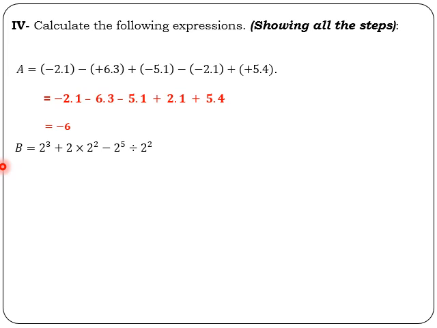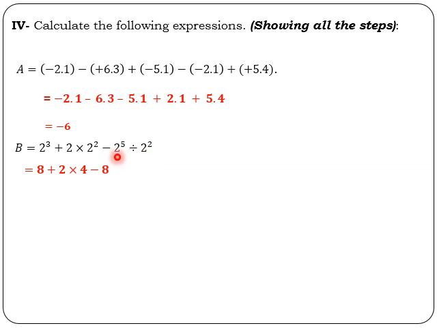B equal 2 power 3 plus 2 times 2 to the power 2 minus 2 power 5 divided by 2 power 2. Let's solve it a step after another. I have to start by solving the exponent or the power. 2 power 3 is 8 plus 2 times 2 power 2. 2 power 2 is 4 minus 2 power 5 divided by 2 power 3.